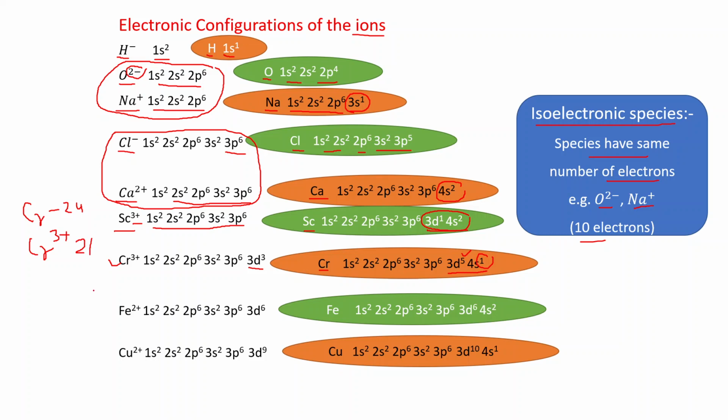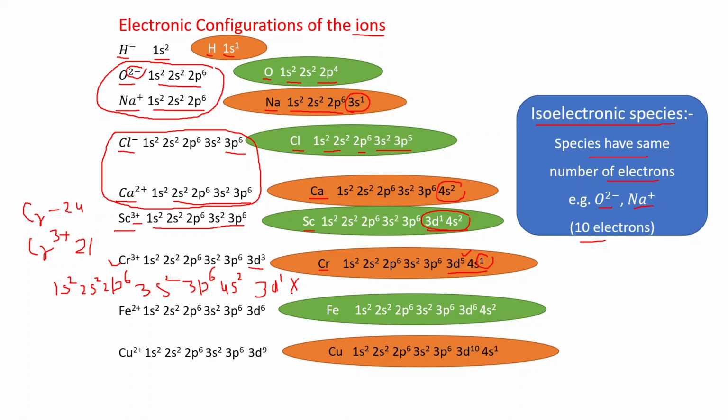And when you write its electronic configuration for 21, you will write 1s2, 2s2, 2p6, 3s2, 3p6. These are the 18 electrons. Then next one 4s2, these are the 20. And now the next electron will go into the 3d, and this is 21. But this is wrong.